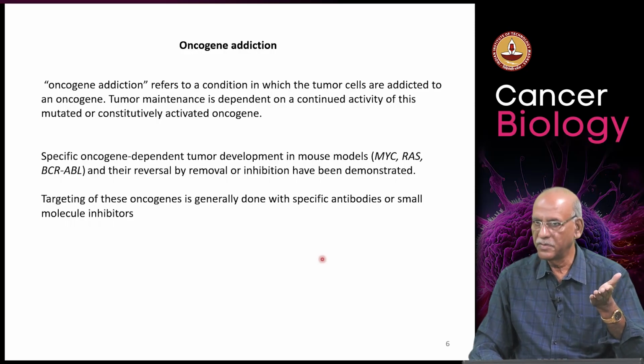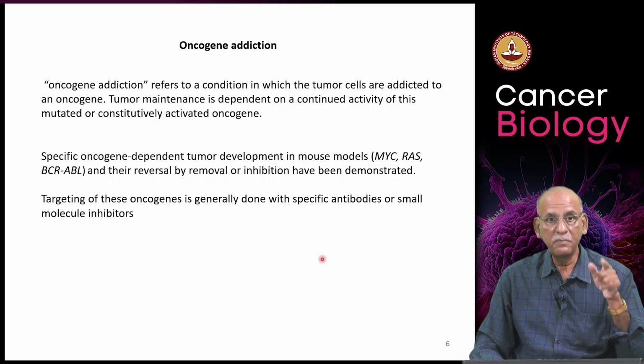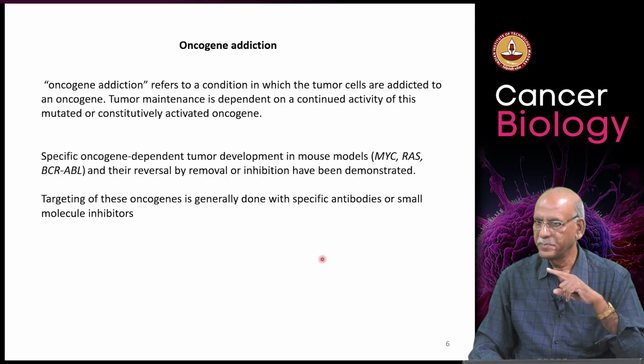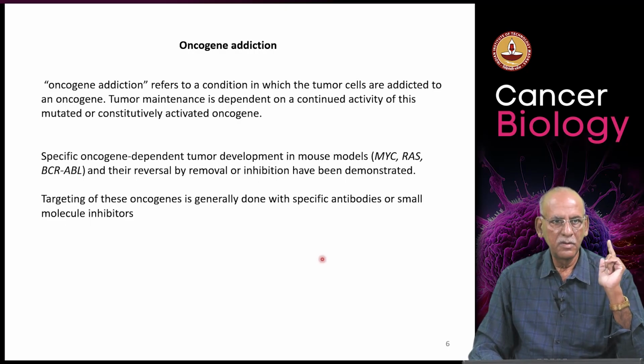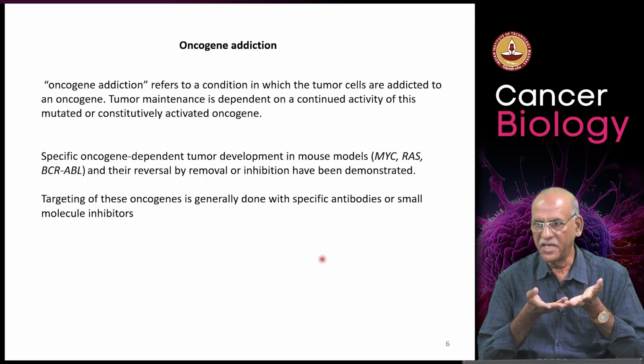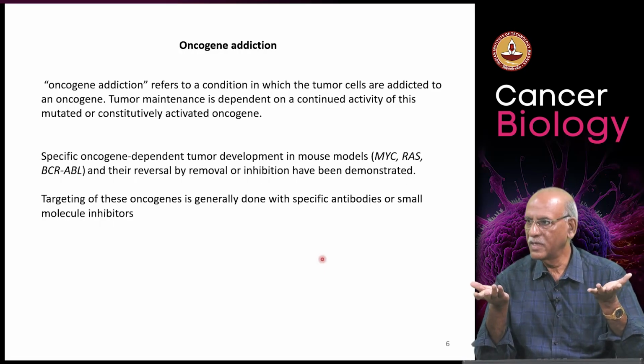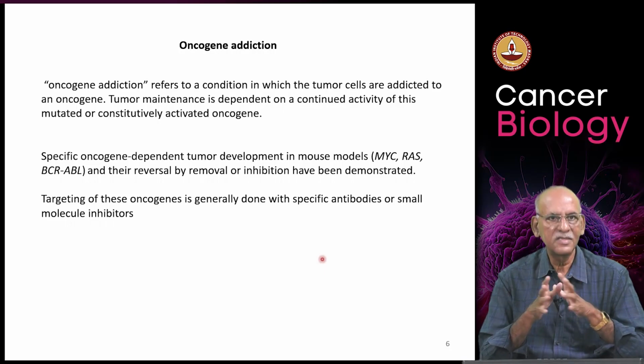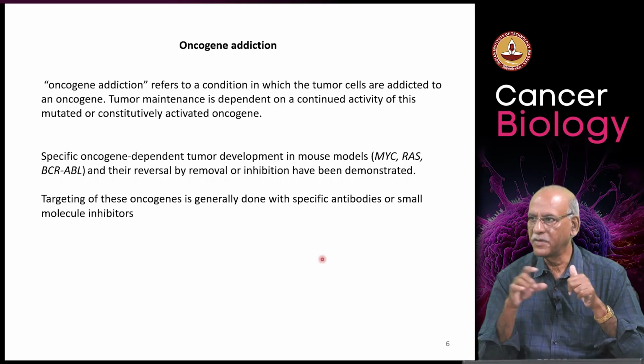I have already told you. But if you stop this with the monoclonal antibody Herceptin that I told you repeatedly, then you are able to treat the situation. But you are only attacking one gene here, but you are curing the cancer, right? Or you are containing the cancer. That is what I am telling. Because the cells are addicted to that particular gene.